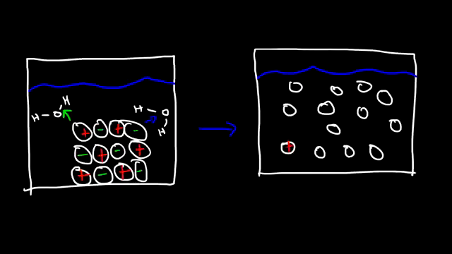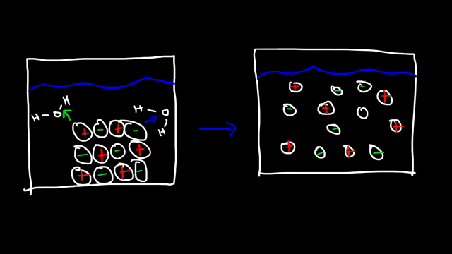So all of the sodium ions are now separate from each other, and all of the chloride ions are separate from each other. I think I have an additional circle, but you get the picture. So that's what happens when an ionic compound dissolves in water. The crystal breaks apart and it separates into positive and negatively charged ions.